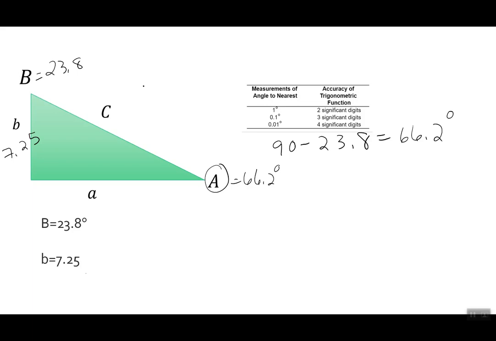Here I have B, so if I look at the tangent of the 23.8, it would be the opposite, which is A, over the adjacent, which is 7.25.